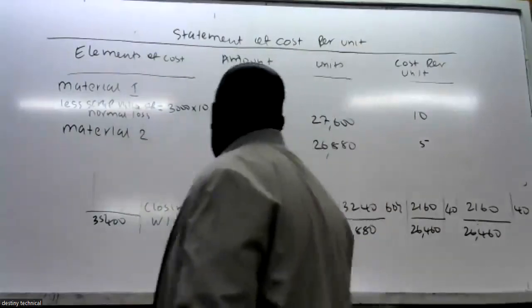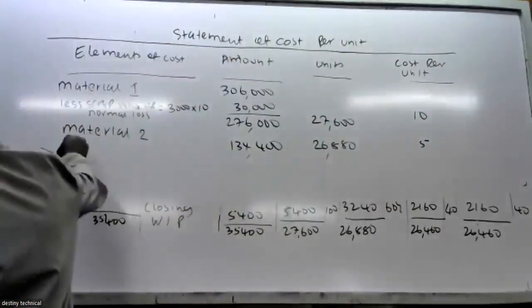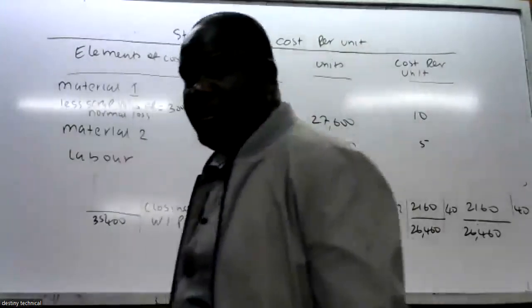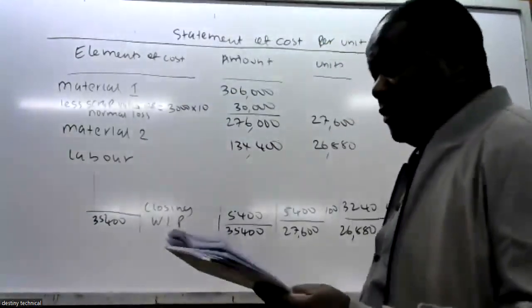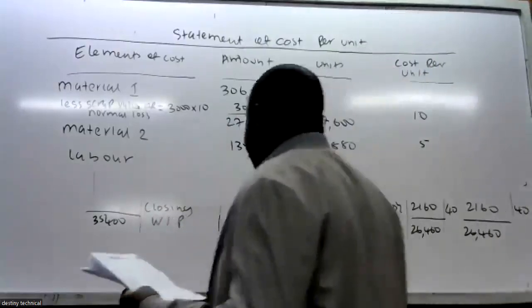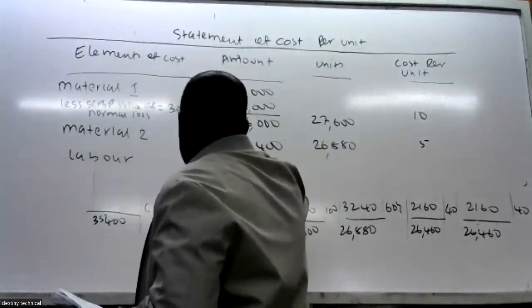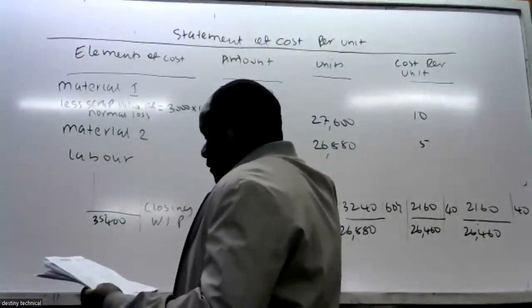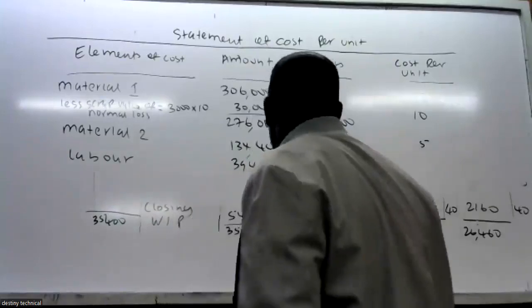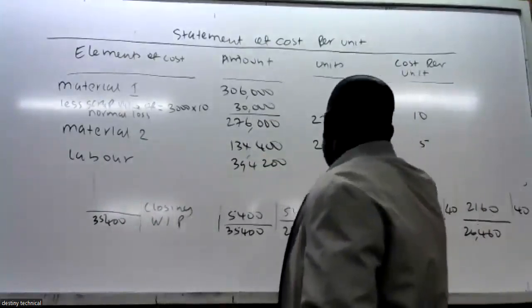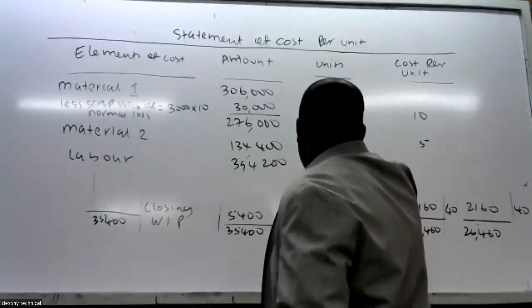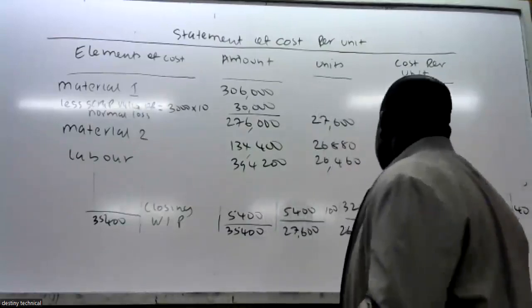The next one is meant to be labor. When you check in note number 2, direct labor is 394,200. The units are 26,460.